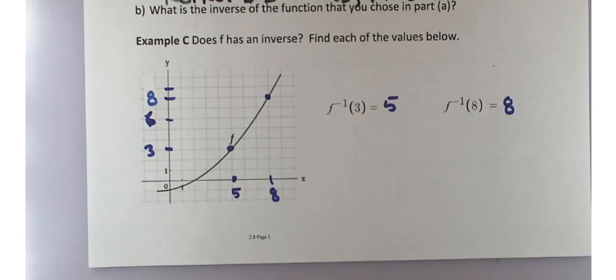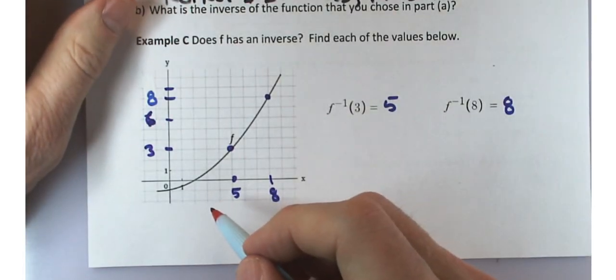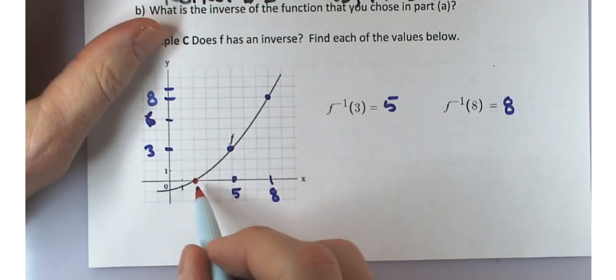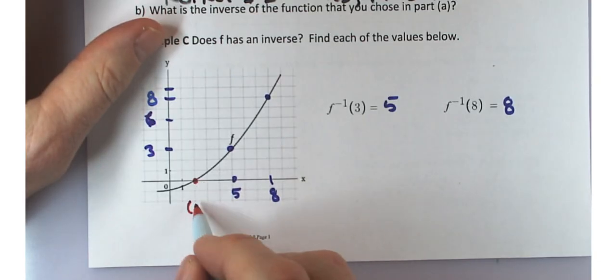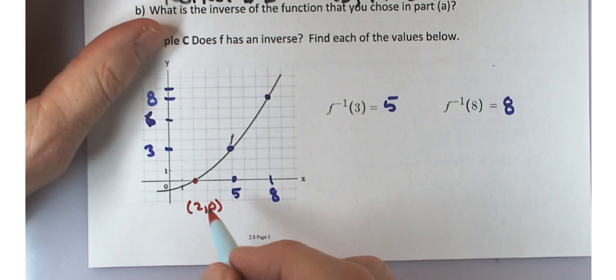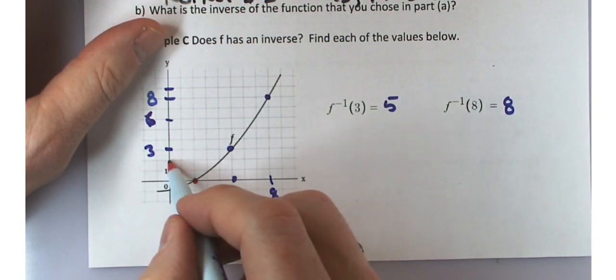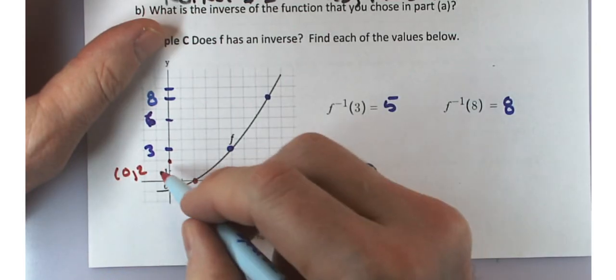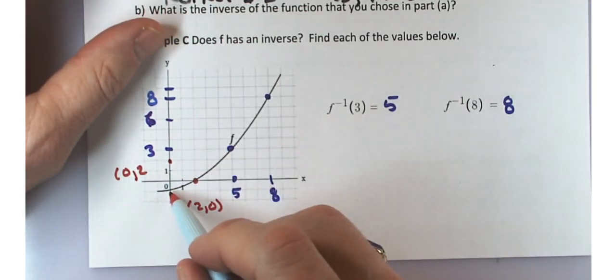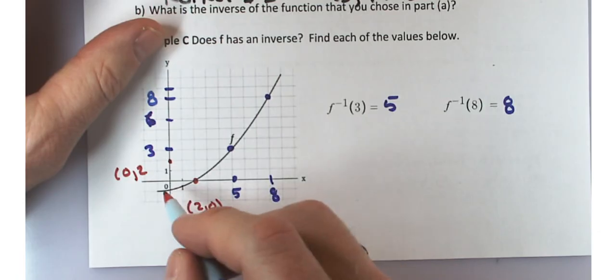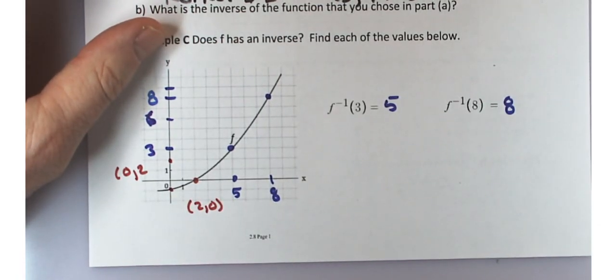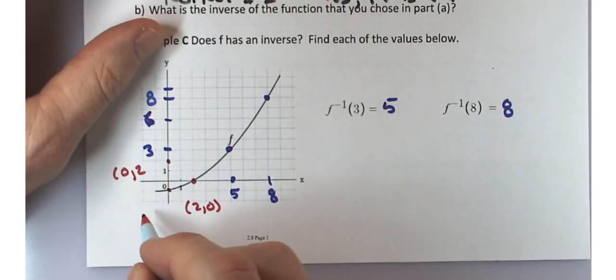Let's see if we can draw the inverse function. It looks like the graph here passes through the point 2, 0. So on my graph of the inverse, I should have a point at 0, 2. The graph looks like it passes through about 0, -1, though it might not be exactly -1.